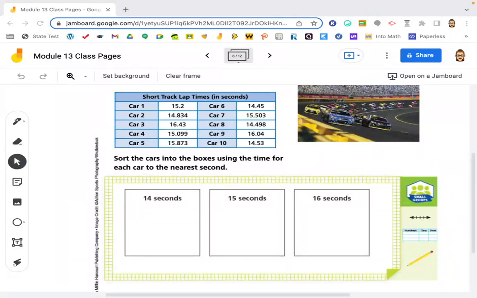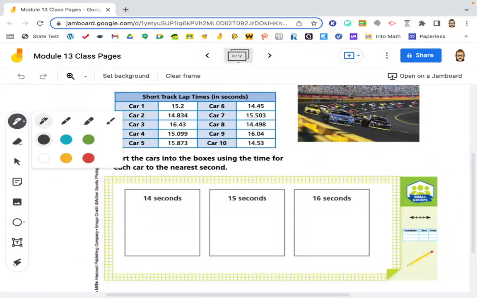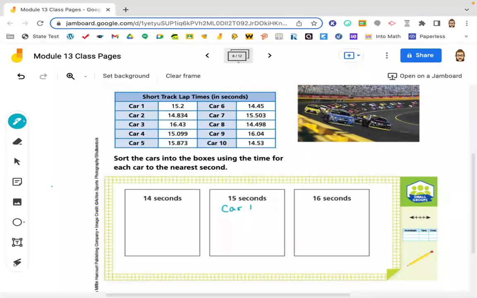Okay, so if we look at this, we'll start with car 1. We have 15 and 2/10. Well, the 2 would tell us to leave that 5 alone, so that means that it is going to be 15 seconds. So car 1.